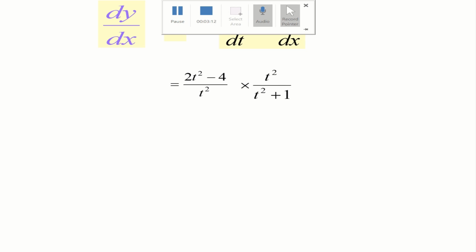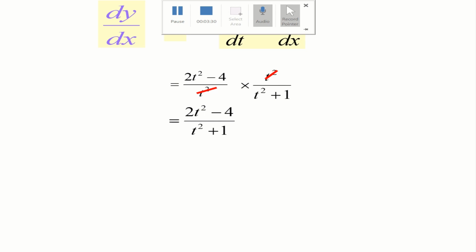Alright, so we can cancel out t². So we get (2t² minus 4) over (t² plus 1). Then to find the value of dy/dx when t equals 2, we substitute.